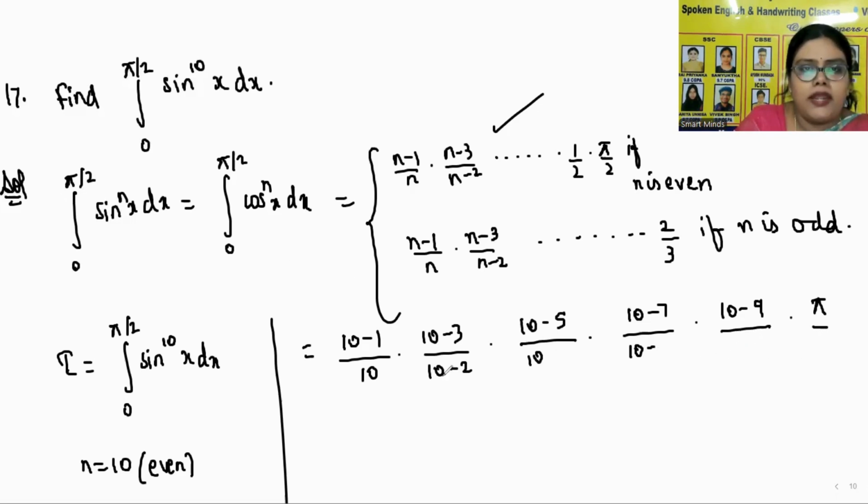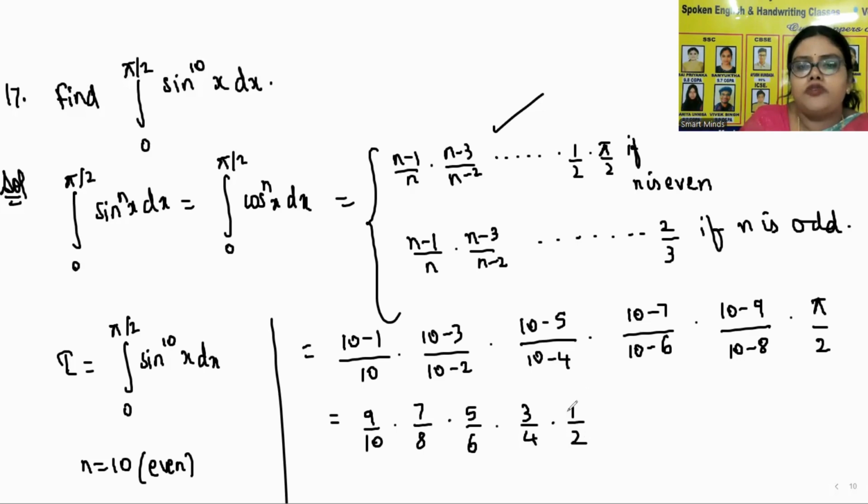First 10, then 10 minus 2, then 10 minus 4, then 10 minus 6, then 10 minus 8. And at last you get pi by 2. So this is 9 by 10 into 10 minus 3 is 7 by 8, then 5 by 6, then 3 by 4, and then 1 by 2. So I told you have to stop when you get 1 by 2. And at last you should write pi by 2.